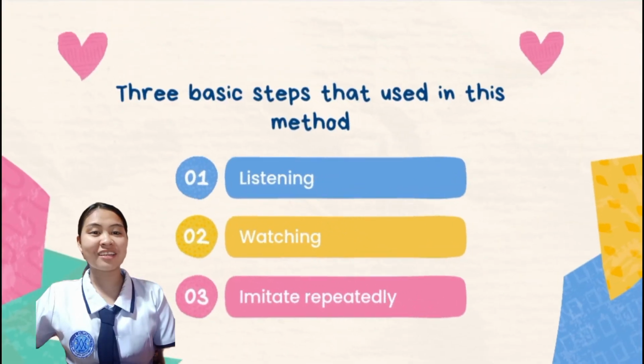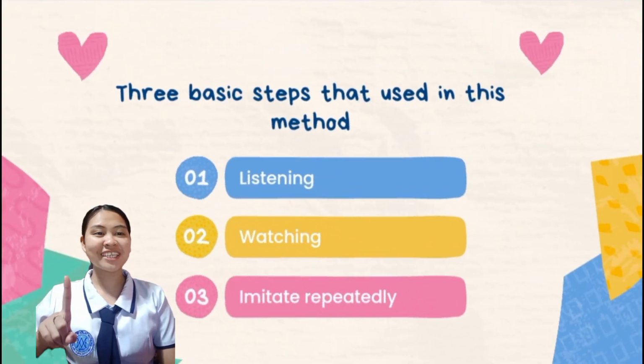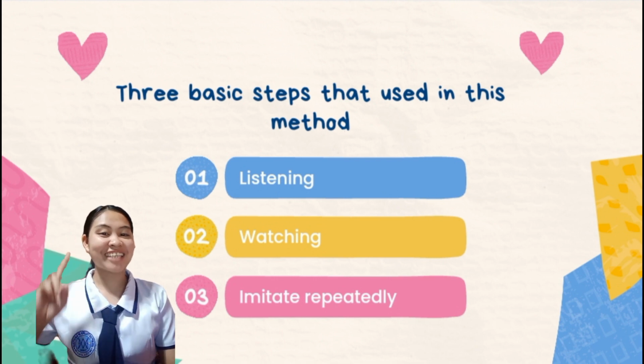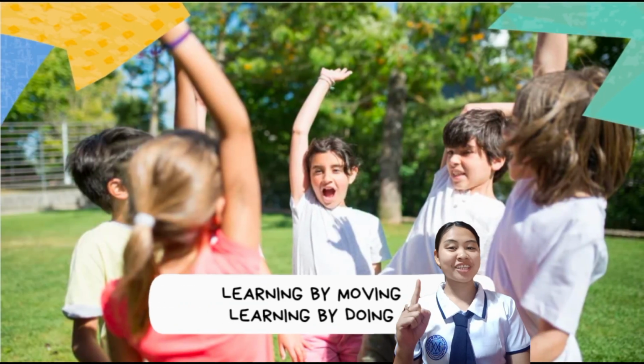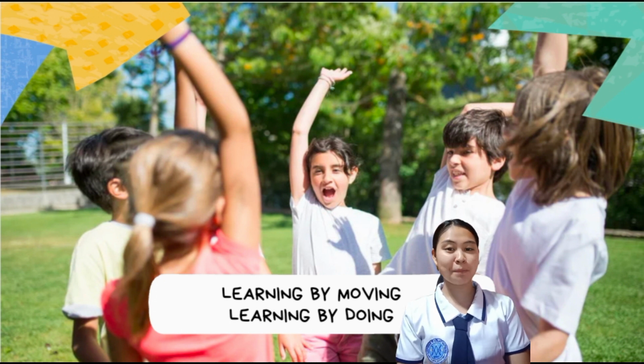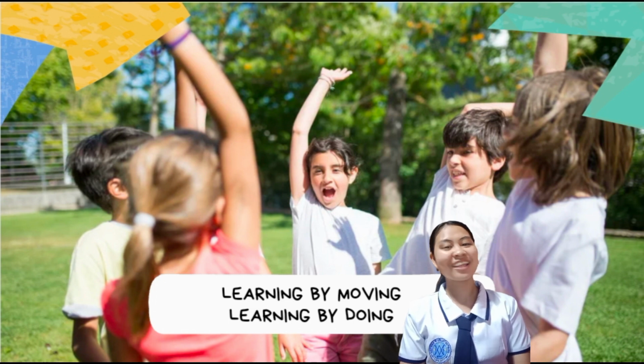And don't forget the three basic steps used in this method. First, listening. Second, watching. Third, imitate repeatedly. Remember, the effectiveness of the TPR, the Total Physical Response, often lies in active participation and enjoyment of the learning process. And that would be all.